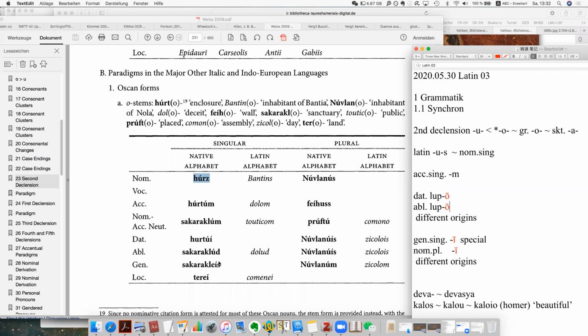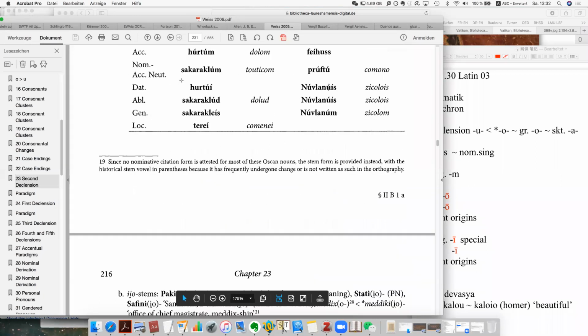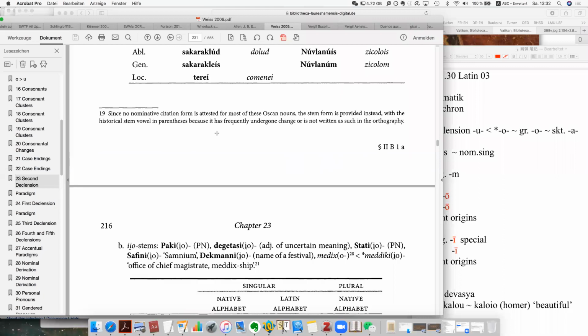And then you see the genitive and also the locative and so on. This is basically the second declension. You also find it everywhere in the texts, and you find the forms in the grammar.